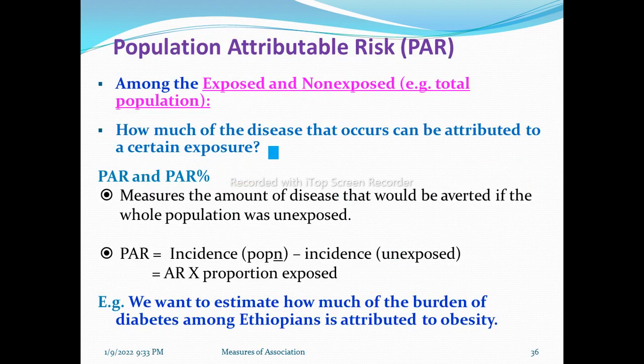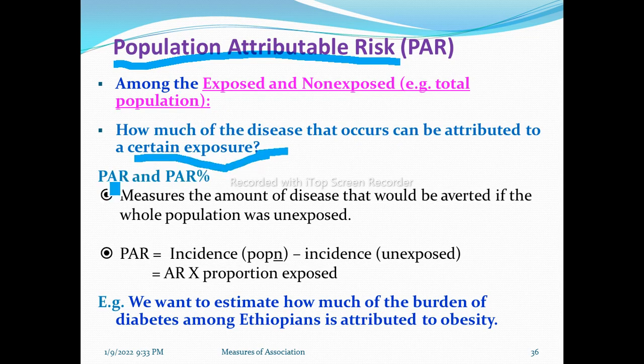Now we will see the fifth parameter, population attributable risk. Population attributable risk among the exposed and non-exposed, or in the total population: how much of the disease that occurs can be attributed to a certain exposure.